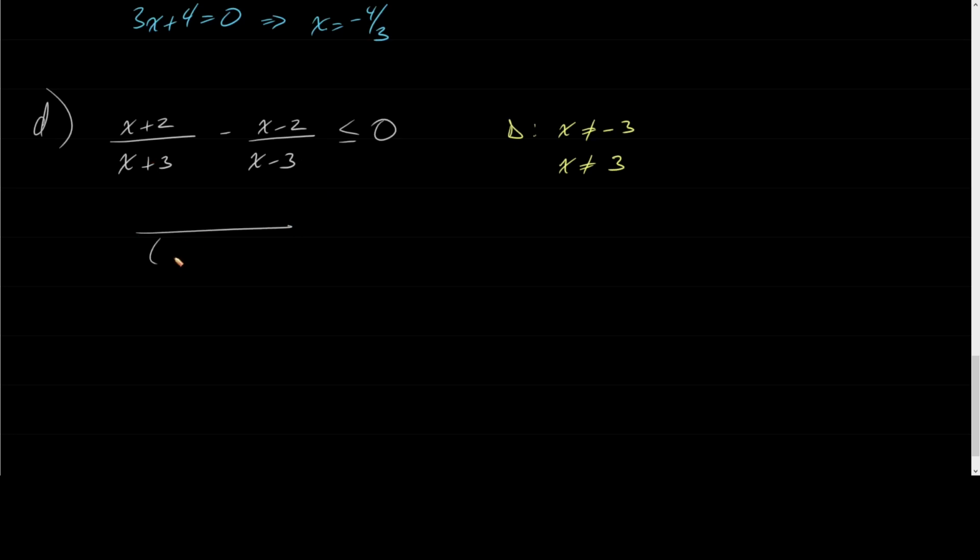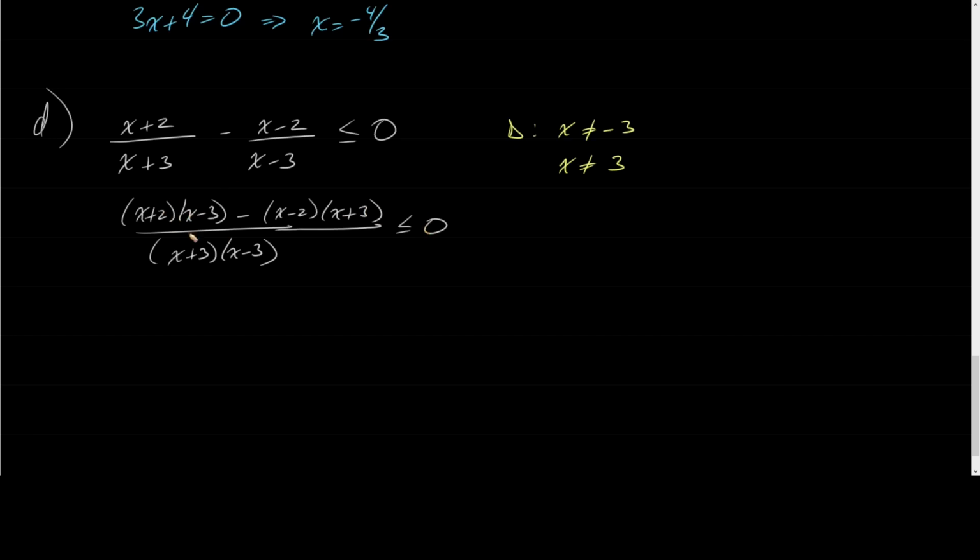So the common denominator is just simply x plus 3 times x minus 3. So now I have up here x plus 2 times x minus 3 minus x minus 2 times x plus 3, right? Because I need to essentially multiply this up here and this up here, and then we have this less than or equal to 0.